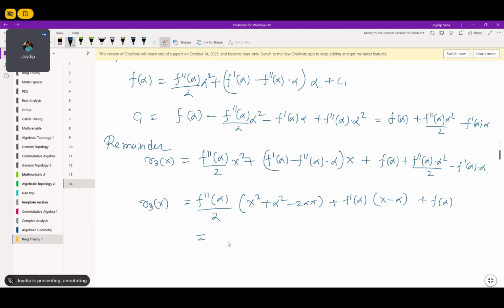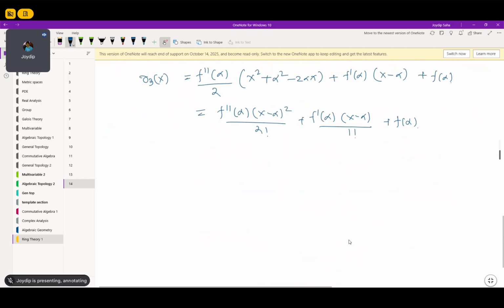Now you can see that this is of the form: f double dash alpha (x minus alpha) whole square by 2 factorial, plus f dash alpha (x minus alpha) by 1 factorial, plus f alpha. This is your remainder.